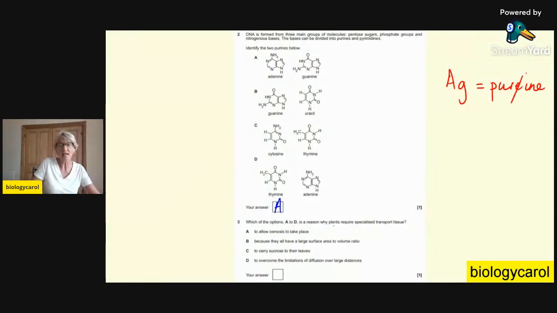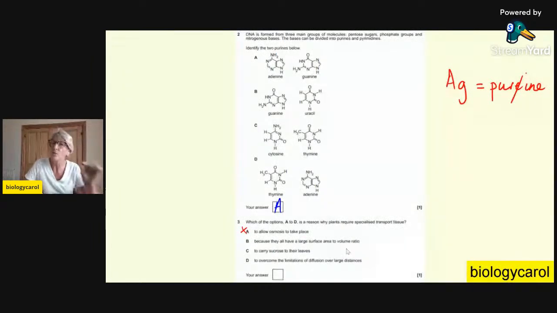Which of the options A to D is the reason why plants require specialised transport tissue? Why do they need it? To allow space? No, that isn't why they have transport tissue. Because they all have a large surface area to volume ratio.